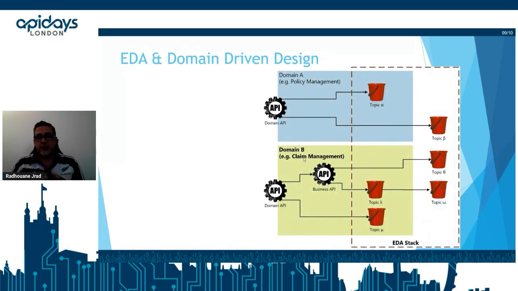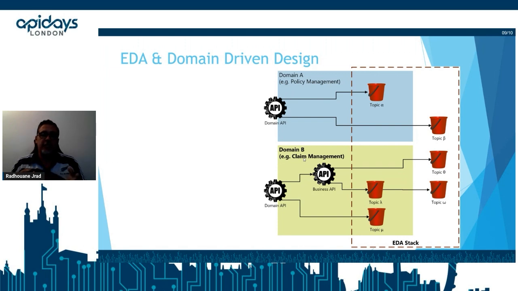So this is effectively how I implemented APIs to enforce domain separation, the bounded context in DDD language. As you can see here, two different domains have two different domain APIs, which are connected to multiple topics. You can look at the EDA stack. It's not really domain bound.